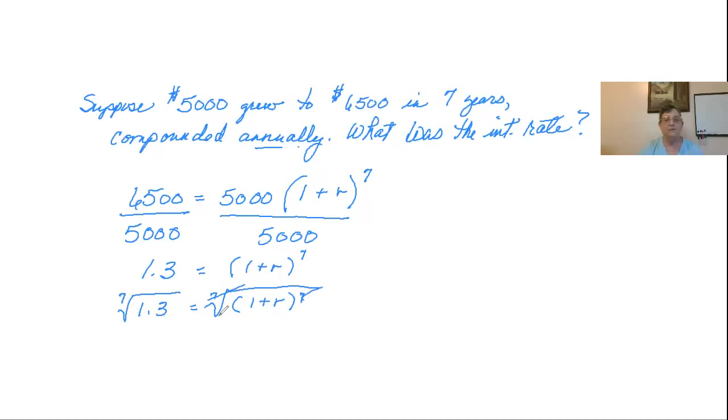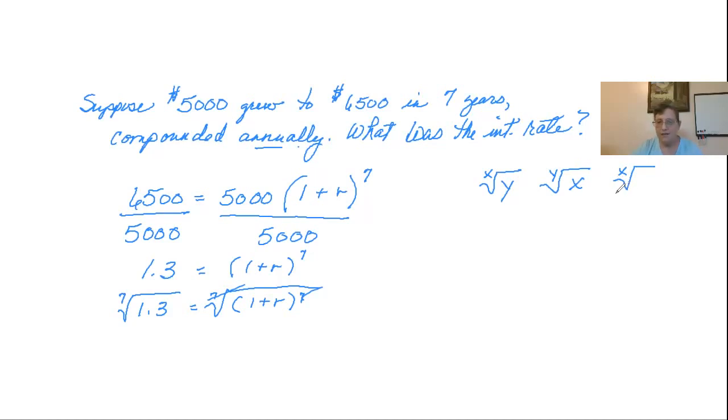To do the 7th root, your calculator should have an xth root of y, or a yth root of x, or some of them just have the radical symbol and don't even have anything in it. Now make sure you're not using the square root. Square root's altogether different. We need a 7th root.